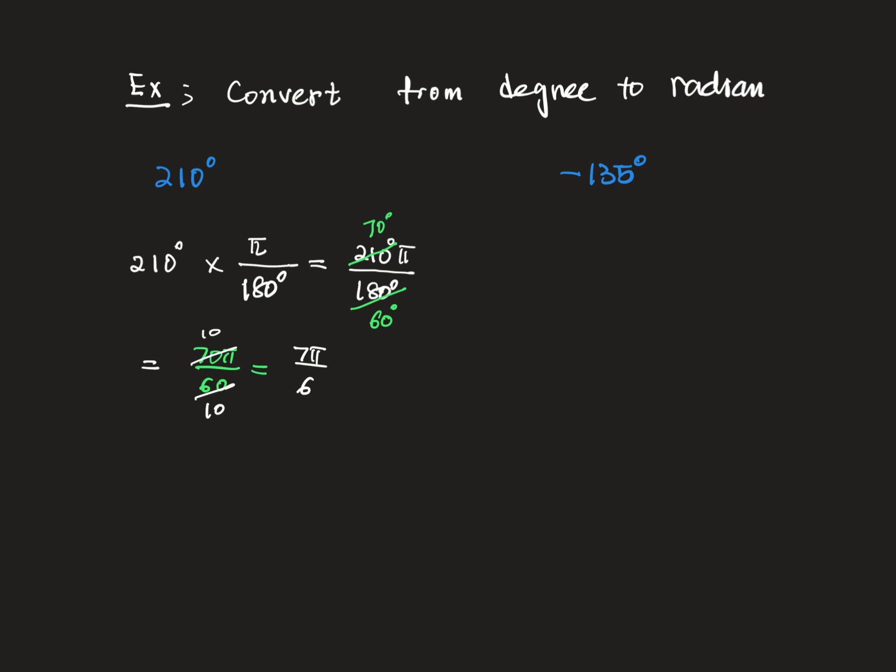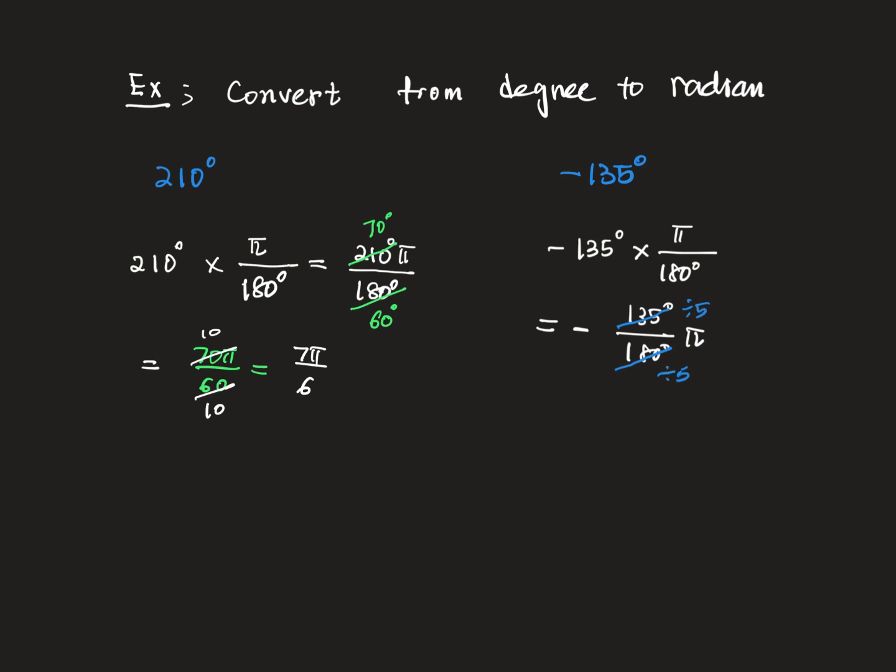Another one, here is negative 135 times pi over 180. So this one is negative 135 pi over 180. You're going to simplify, divide by 5 first. Divide by 5 here, divide by 5 here.